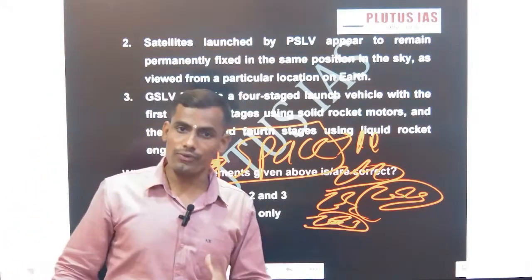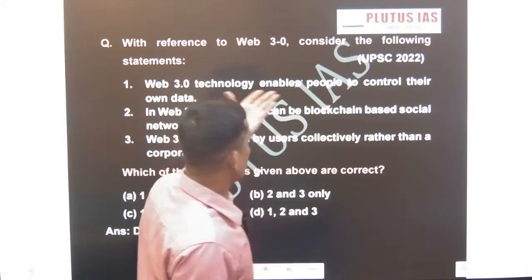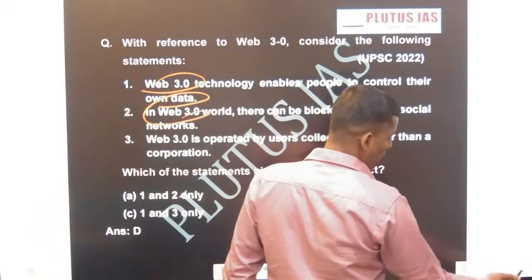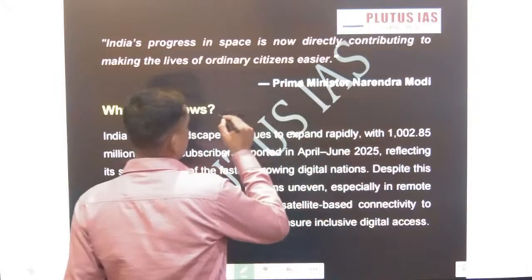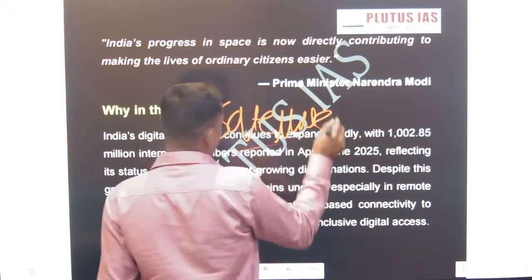All these are space technology. These are the PYQs you can go through. This is the communication technology question. Now, what we are going to discuss today is satellite internet.